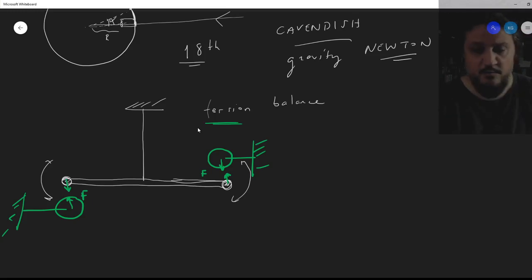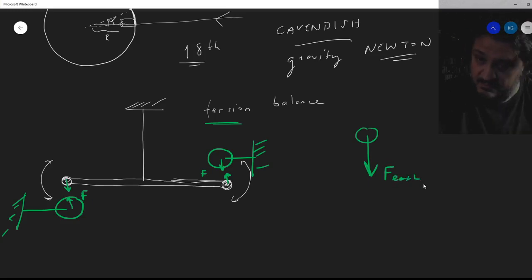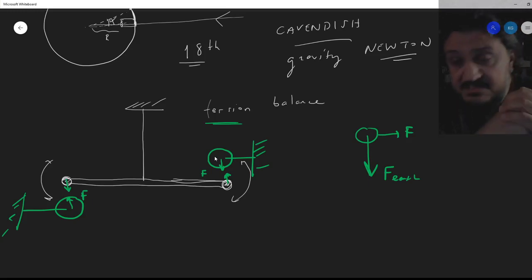So he knew what the force on, let's say, this lead ball here, exerted by the Earth. This is exerted by the Earth, which we call the weight of the object. And we also have the other force, which is exerted by that large lead ball. And he could measure these forces.